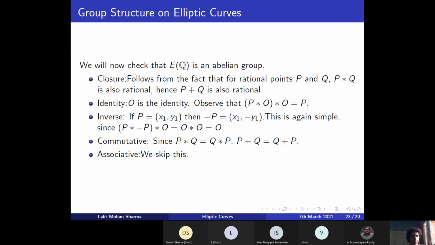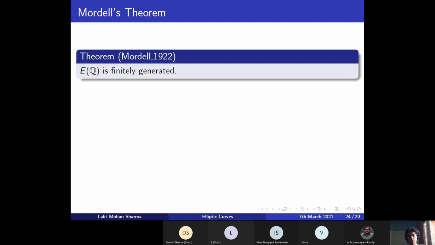So we proved that E of Q is an abelian group, and now we can talk about E of Q in terms of group theory. Can anyone define what it means for a group to be finitely generated? If we take any element and raise it to some n, we should get back to the identity.